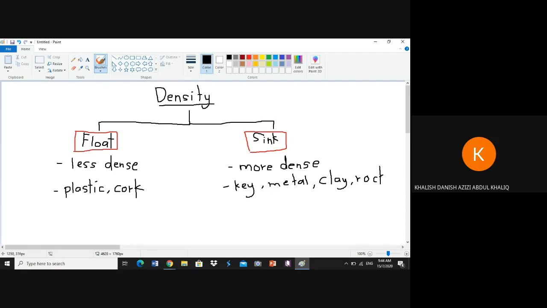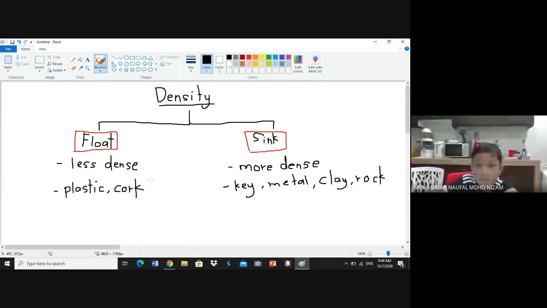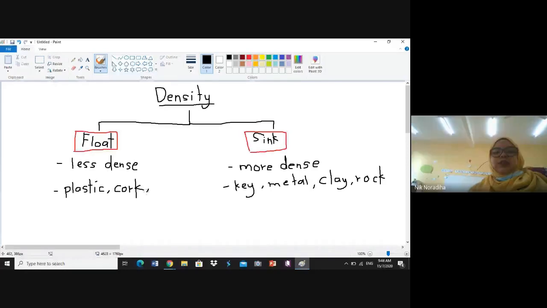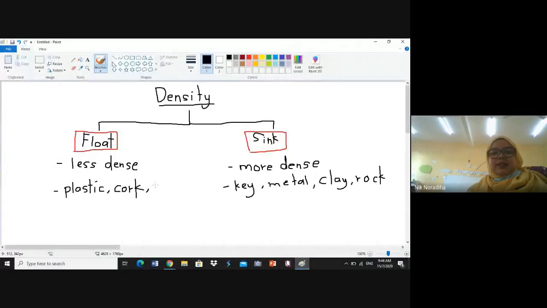Like a boat. How about wood? Wood float or sink? Float. Yes, boat. Bowling ball? Yes, fish, they float in water.